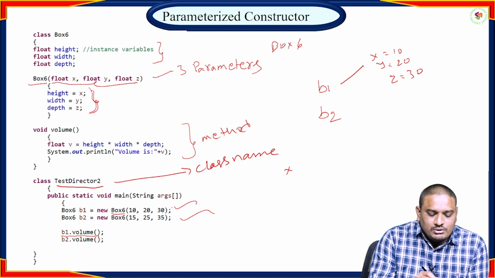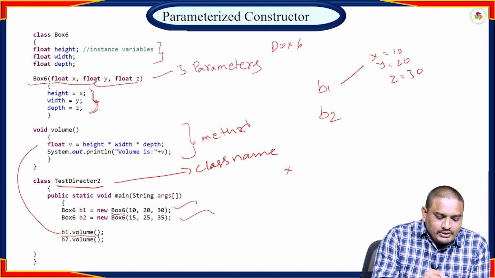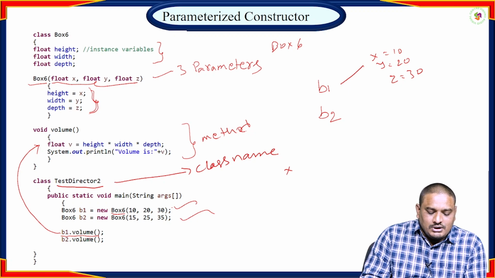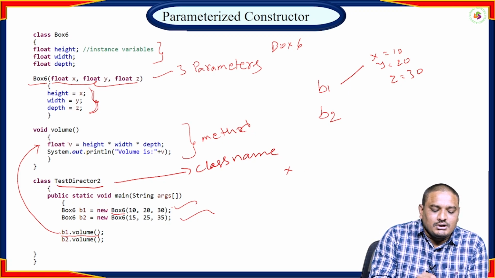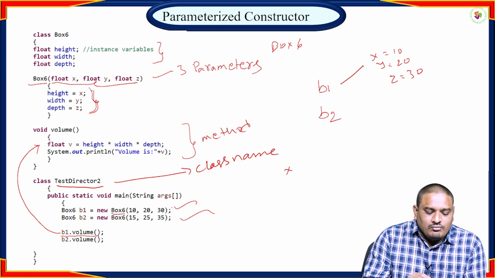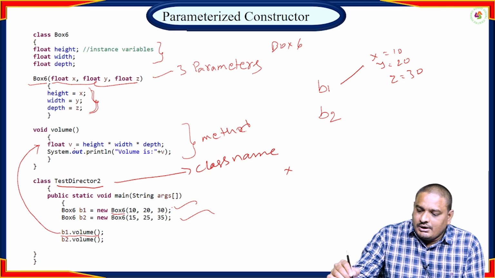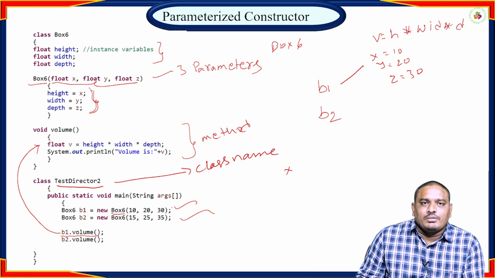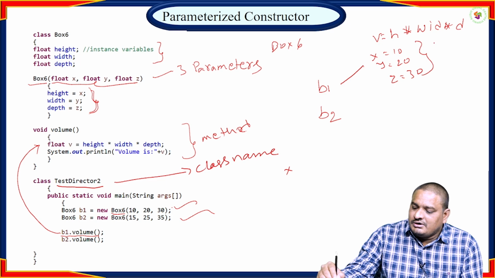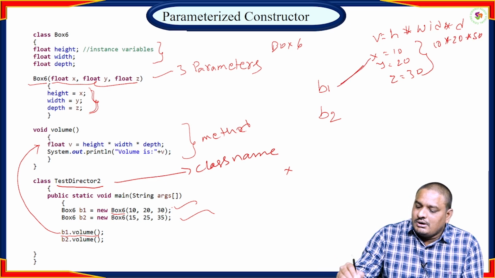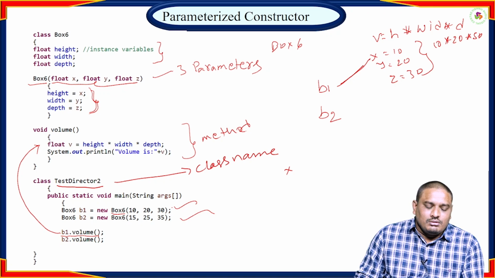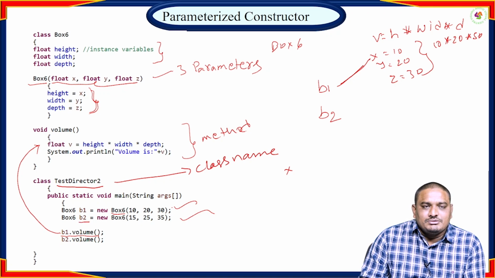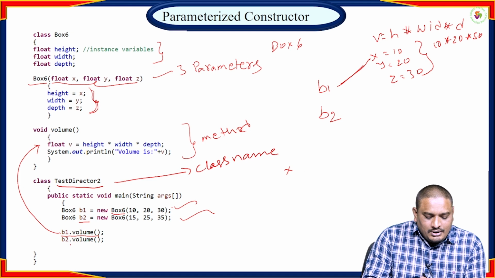What is the final output? This goes to the value method. Whenever we call the method, it goes directly to the value method. What is the formula? V equals height into width into depth. The output is 10 into 20 into 30 for the B1 object. Now the other object, B2.